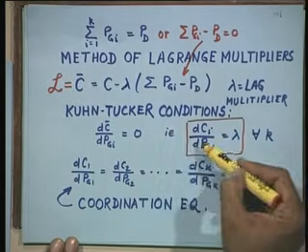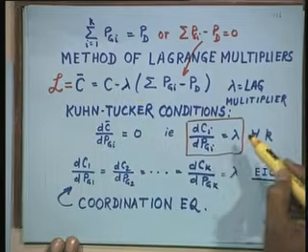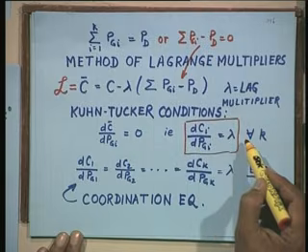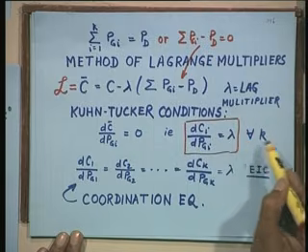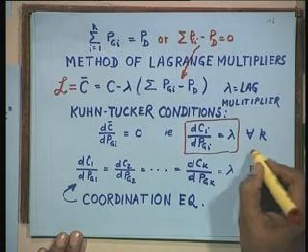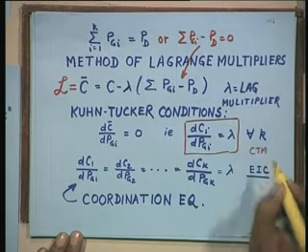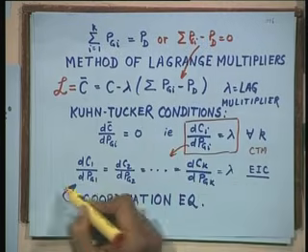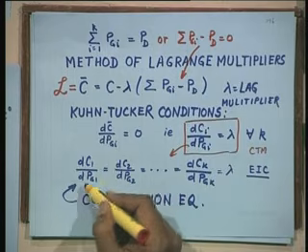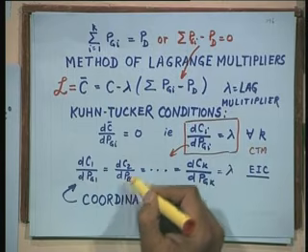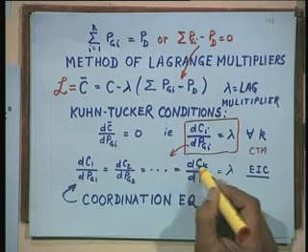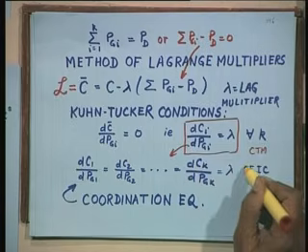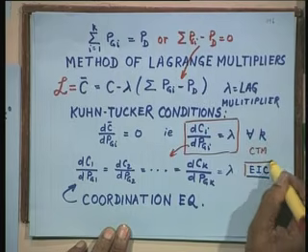Del Ci by del Pgi minus lambda times 1, from here it will get 1. So, lambda can be shifted to the right hand side, and you get this as the equation for all k. This is CTM, commit to memory. You can expand this equation into dC1 upon dPg1 is equal to dC2 upon dPg2 is equal to dCk upon dPgk is equal to lambda, and this is called equal incremental cost.